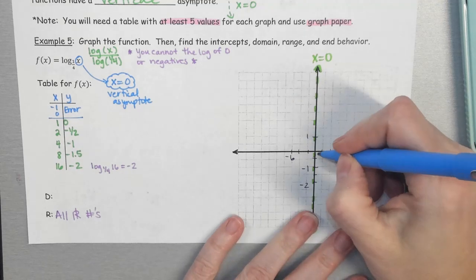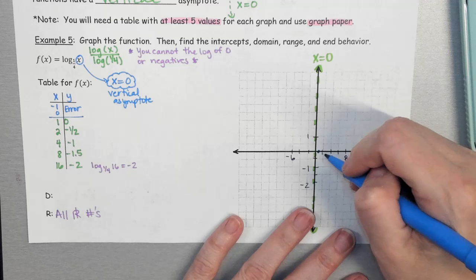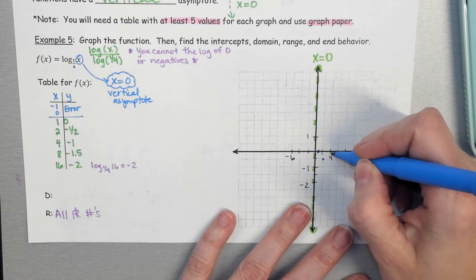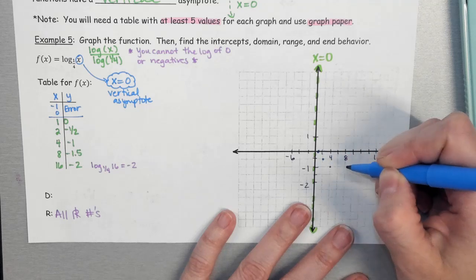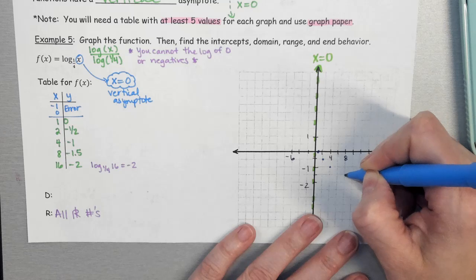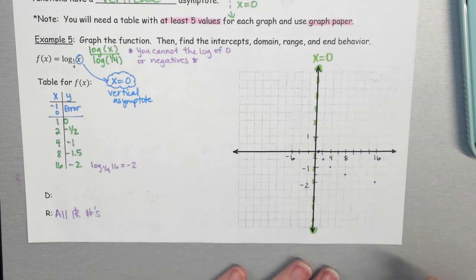So at 1, 0; 1 is halfway in between. At 2, I'm at negative 1/2. At 4, I'm at negative 1. At 8, I'm at negative 1.5. And at 16, I'm at negative 2.